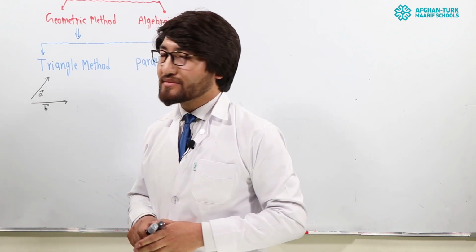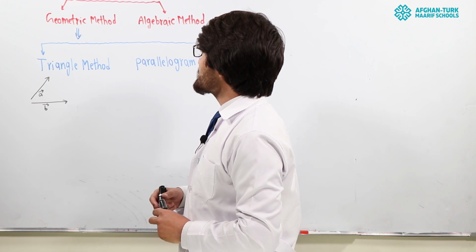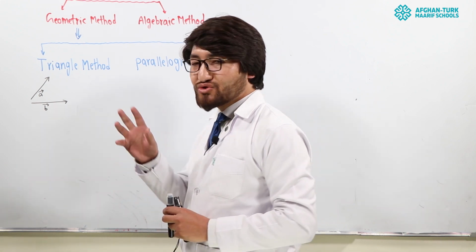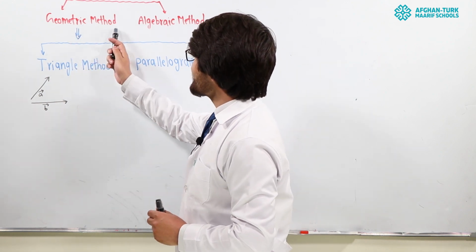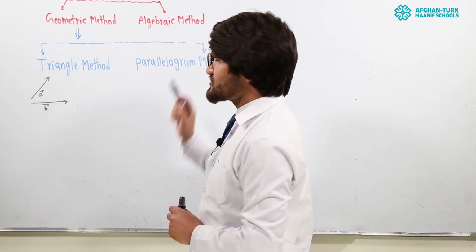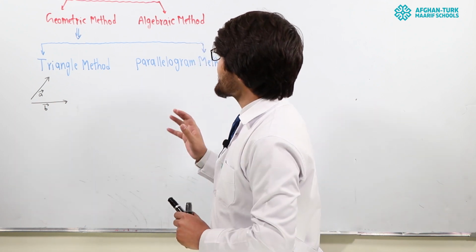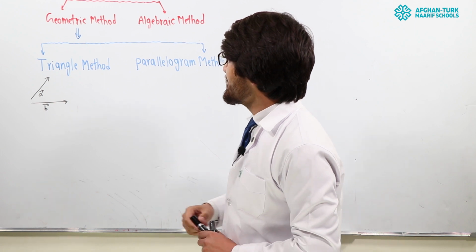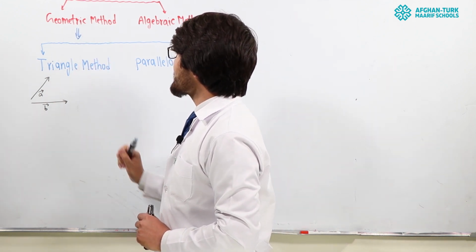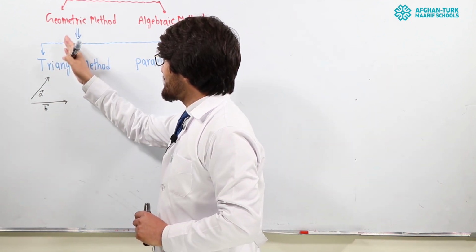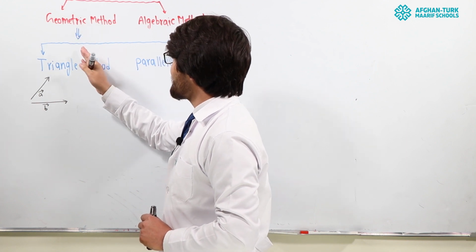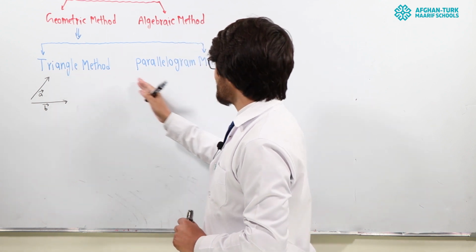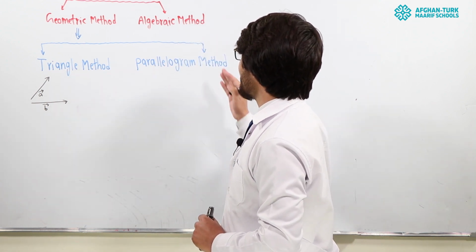We can find the resultant of vectors in 2 ways: geometric method and algebraic method. Now I will tell you about the geometric method. In the geometric method also we can find the resultant of vectors in 2 ways: triangle method and parallelogram method.